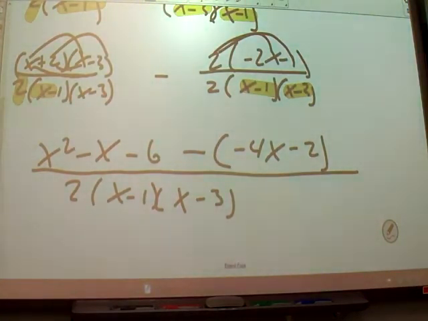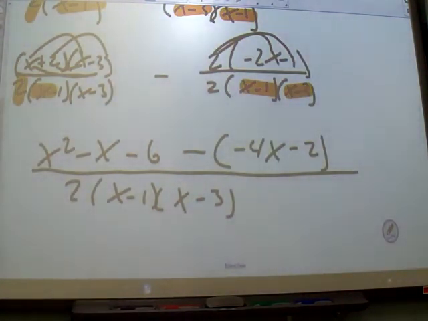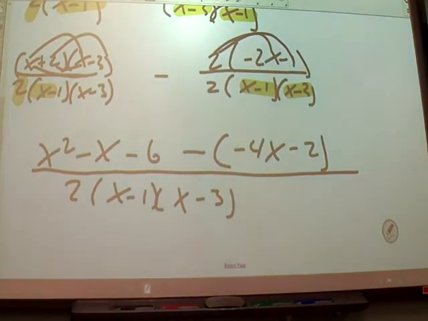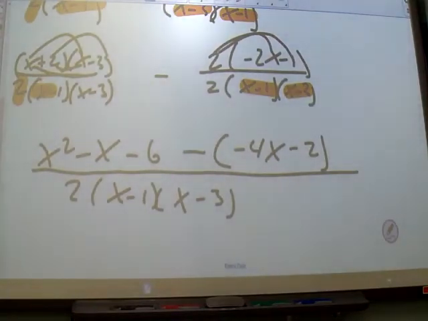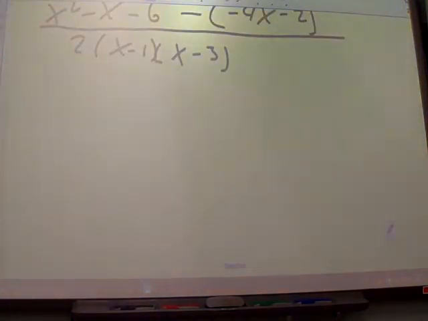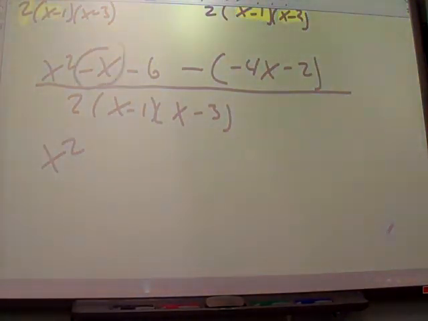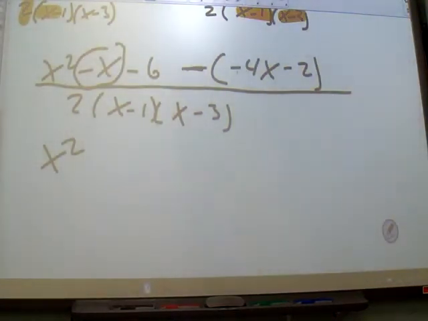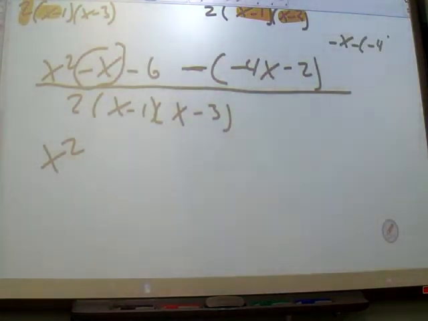Okay, can I simplify the top some more? Yeah? Okay, so we've got x squared. Now I've got negative x minus negative 4x. What's negative x minus negative 4x?